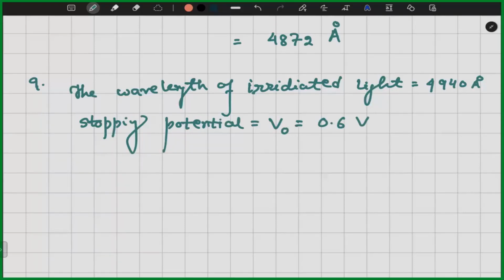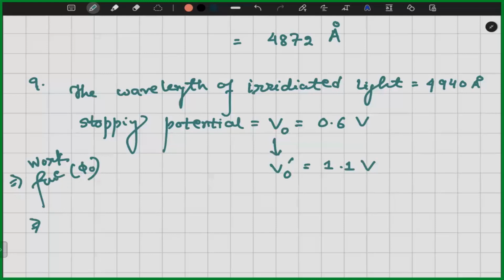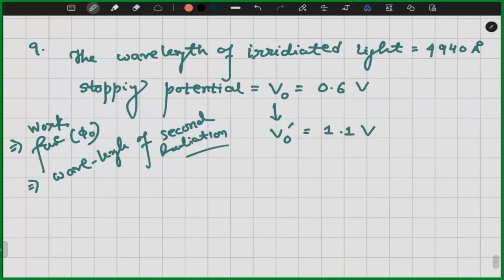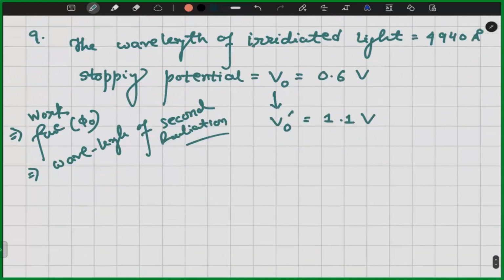Now, if we change the wavelength of the irradiated light, then the stopping potential is converted into that V0 prime, which is 1.1 volt. Then they have asked to find out the work function phi 0 and the wavelength of second radiation. Easy. The same kind of question.